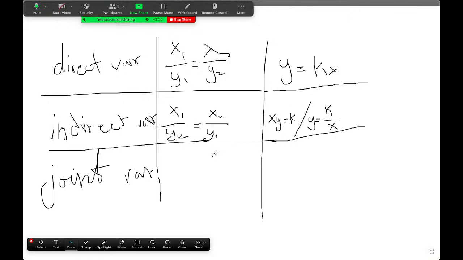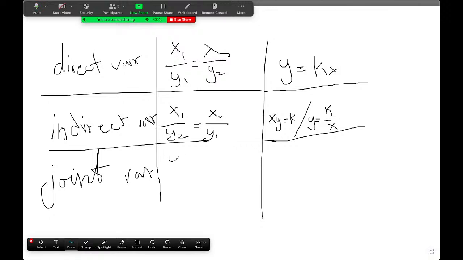Okay, and then joint variation is super complicated. I don't even know what you use this for or how it works. Basically joint variation is anything except these two. If it doesn't match these two, then it's a joint variation. They just look super complicated.